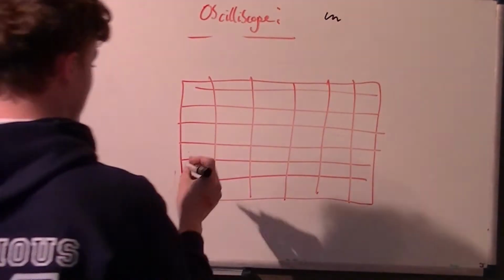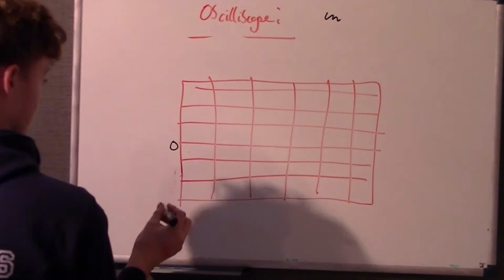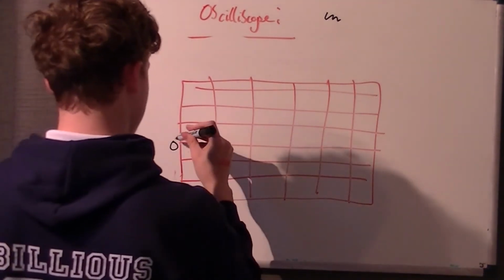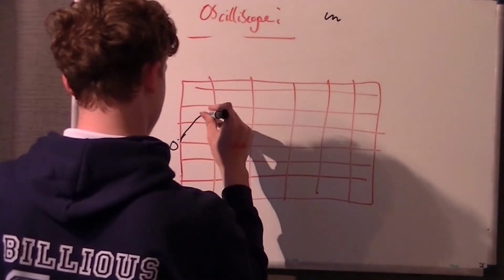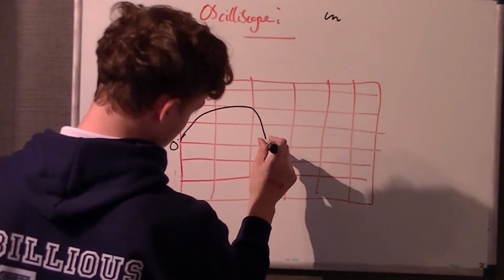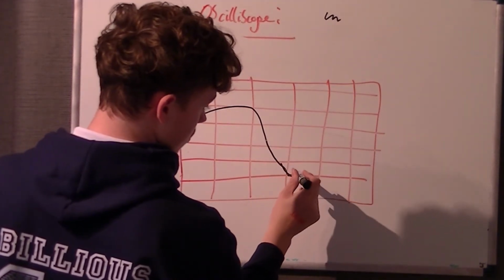Right, that'll go. Okay, so imagine this is the 0 PD, and it's not exactly accurate. So we've got a wave, it might go like that. Just making sure I'm doing this right.